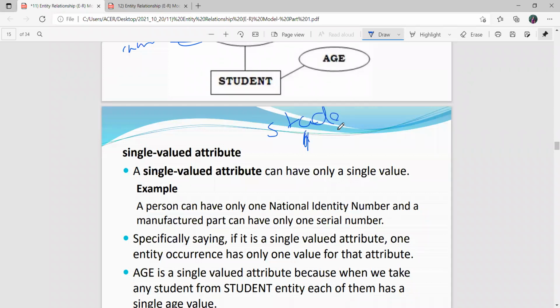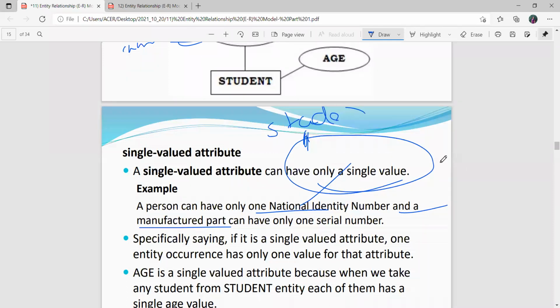Then the person's NIC number and, for the manufacturer, the serial number can be taken as a single valued attribute.